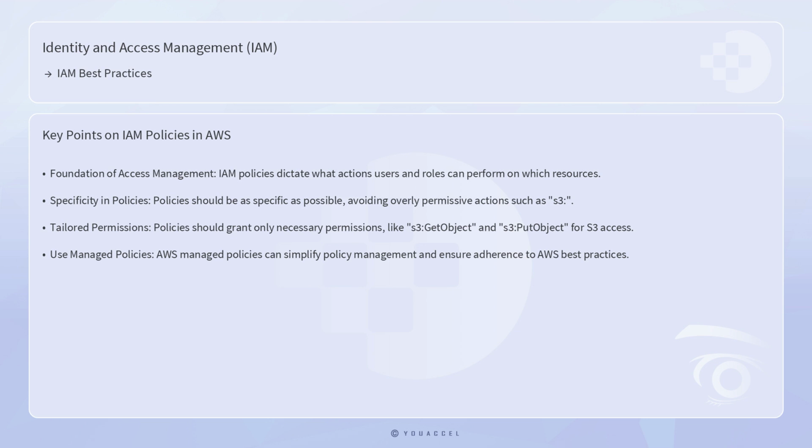Instead, policies should be tailored to grant only the necessary permissions. For example, a policy granting access to an S3 bucket might specify s3:GetObject and s3:PutObject actions, rather than allowing all S3 actions. Additionally, using AWS managed policies can simplify policy management while ensuring adherence to AWS best practices.